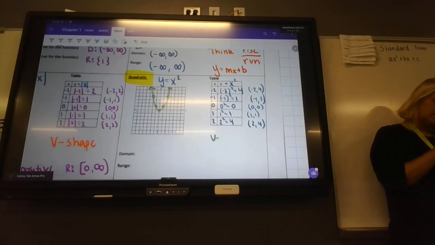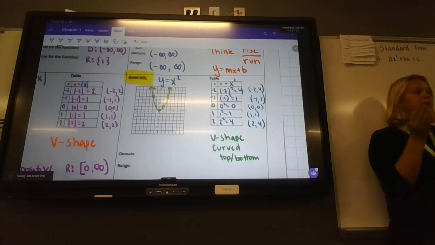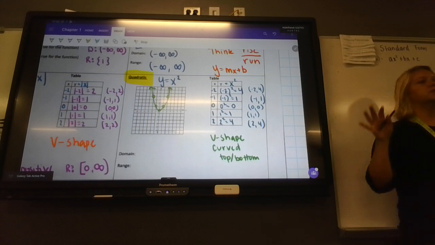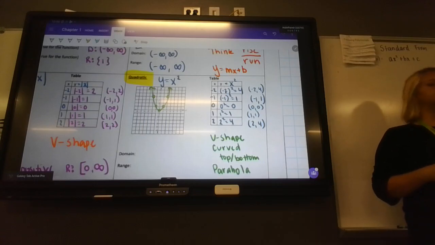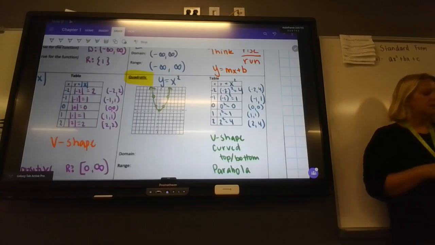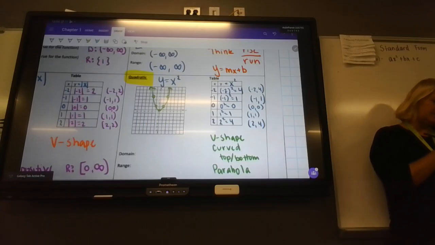Yes, we're going to describe this as a U shape. And it should have a curved top or bottom. It should not look sharp. Sharp is absolute value. Curvy is U-shape. To be honest, the technical word is parabola, which is fun to say. Parabola. All right, and the domain and range is very similar.